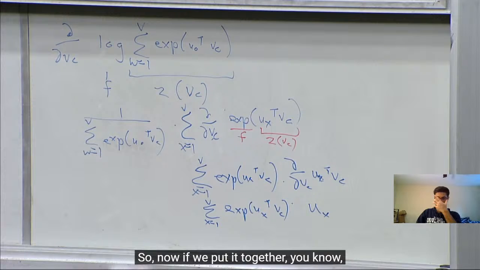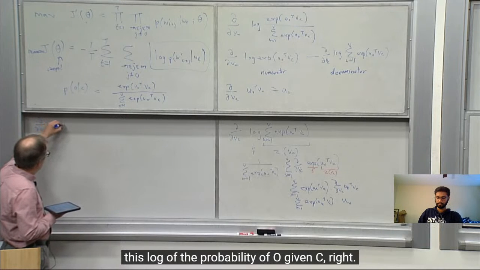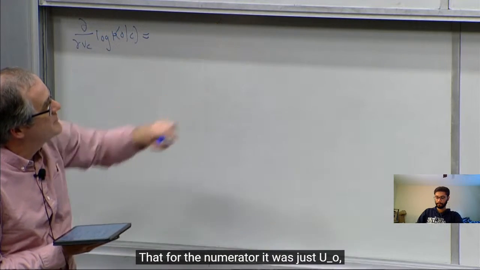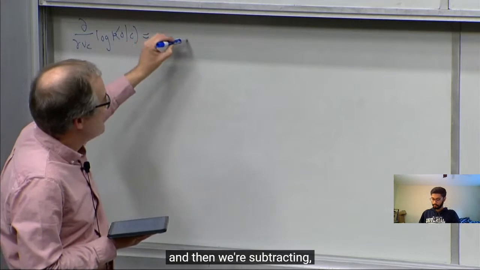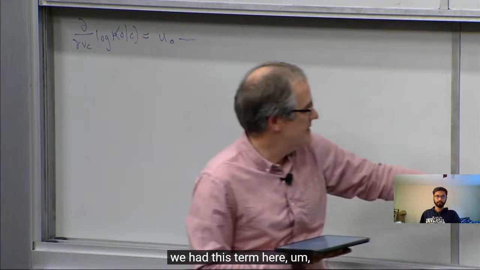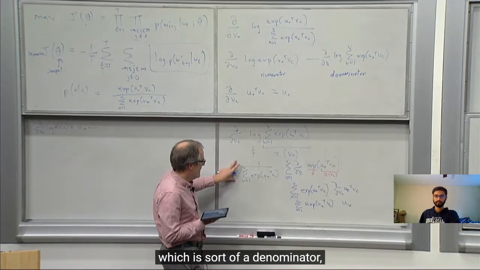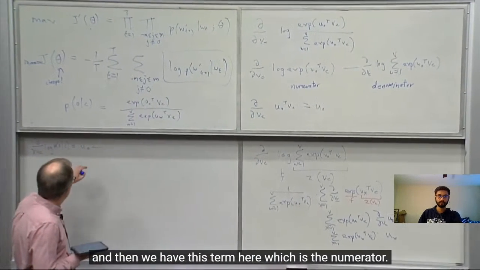And so now if we put it together, our derivative with respect to v_c of the whole thing, this log of the probability of O given c, for the numerator it was just u_O, and then we're subtracting this term here, which is sort of a denominator, and then we have this term here, which is a numerator.